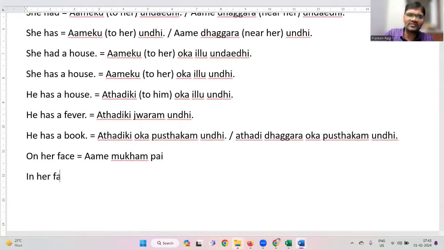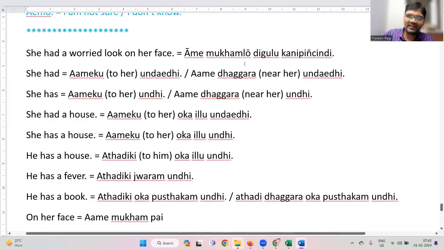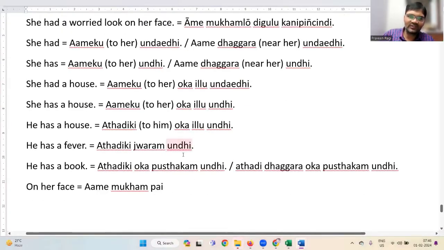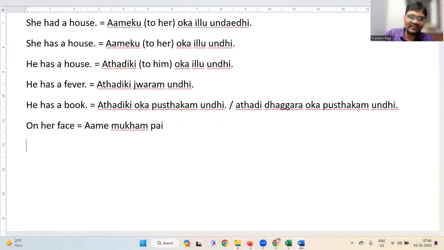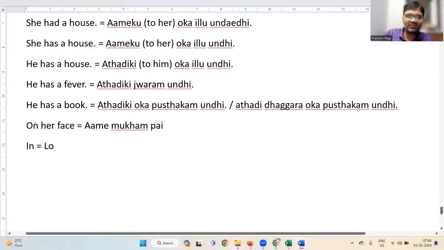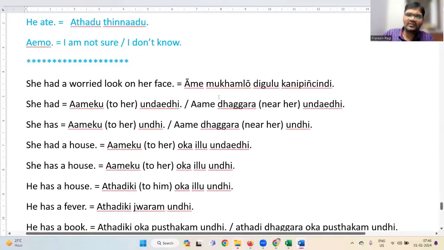In her face is not dear children, but here, dear children. In means తల్లిదండ్రులు తమ also fine, వాళ్ళ also fine. Here instead of on we use in. So dear means so, but it's okay if you say ఆ ముఖంపై దిగులు కనిపించింది, that's also fine, but this is appropriate.